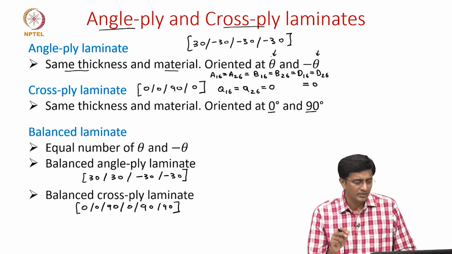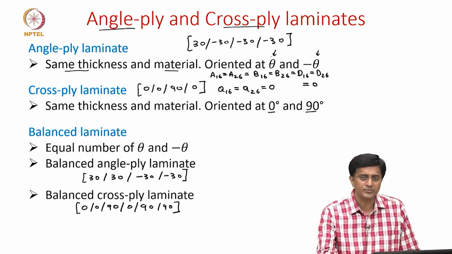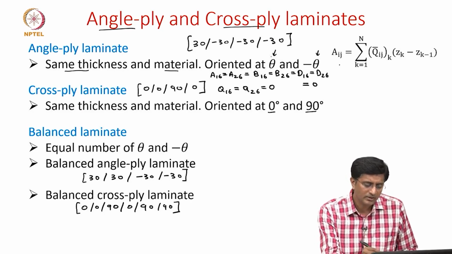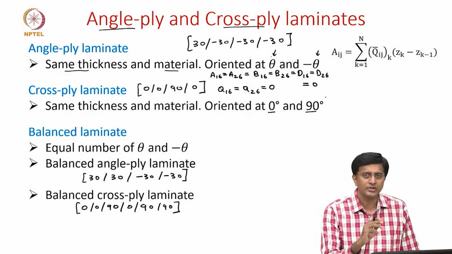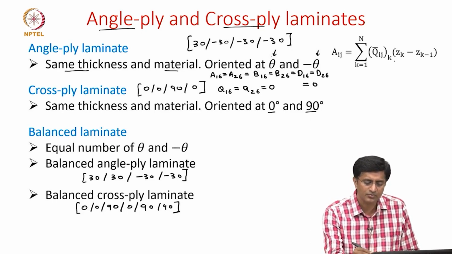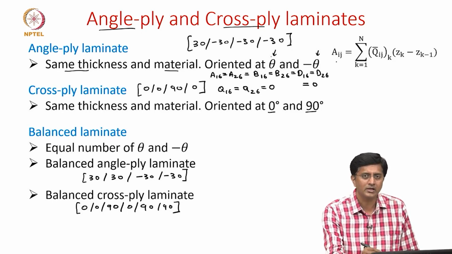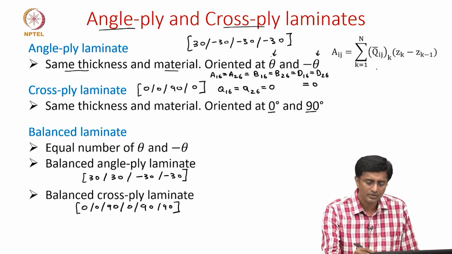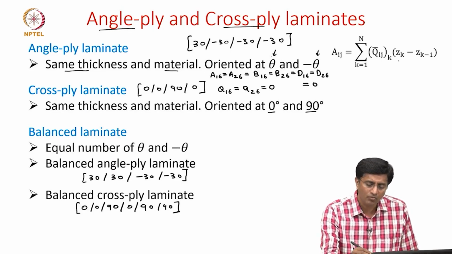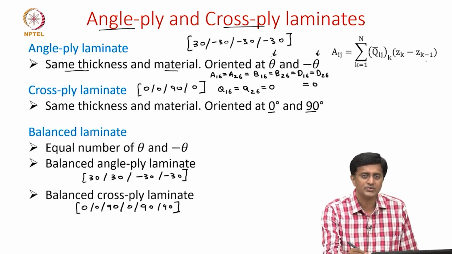Okay. There is one more important observation we have to see, looking at the A matrix. In the ABD matrices of the classical laminate theory, this is the expression for the matrix A. Here Q bar is the transformed stiffness matrix, and what is Zk minus Zk minus 1?